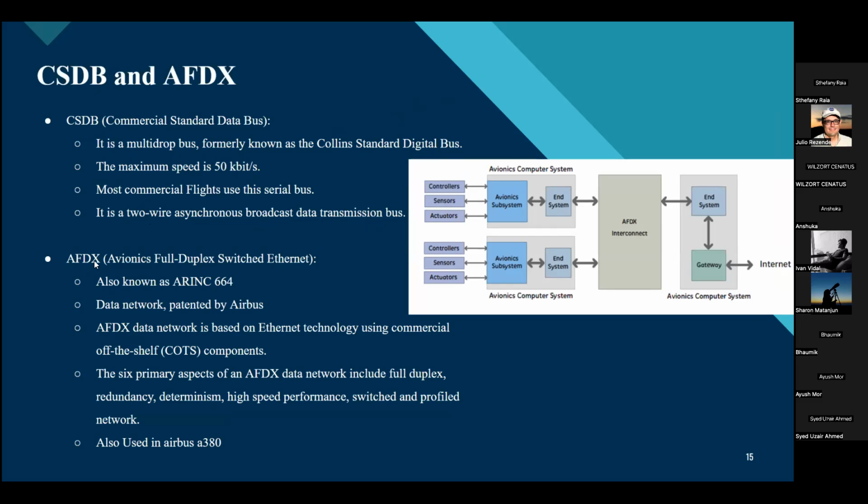Okay, and then we have the AFDX, which stands for Avionics Full Duplex Switched Ethernet. It's basically an Ethernet used mostly in commercial aircraft. It is also known as ARINC 664. It's a data network patented by Airbus. The data network is based on internet technology using commercial off-the-shelf components.